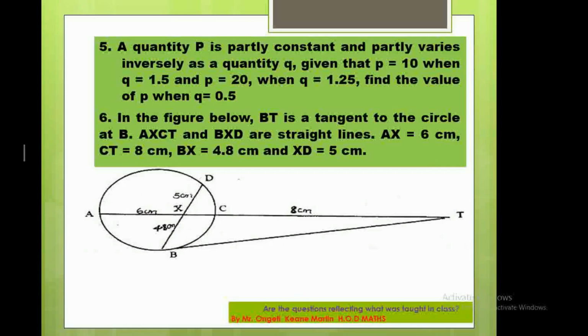Okay, there we go. The question is, find the length of XC, that is part A, part B, BT. Okay, you can put those ones down in your exercise book.